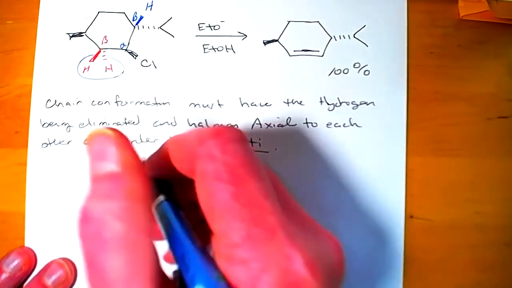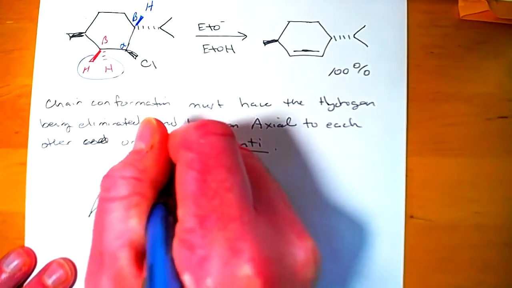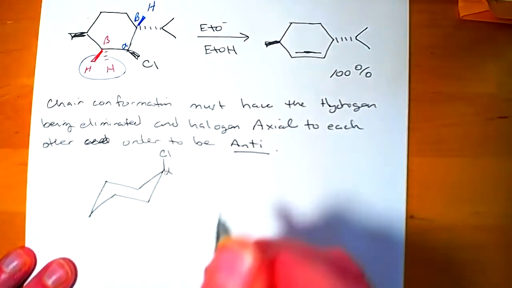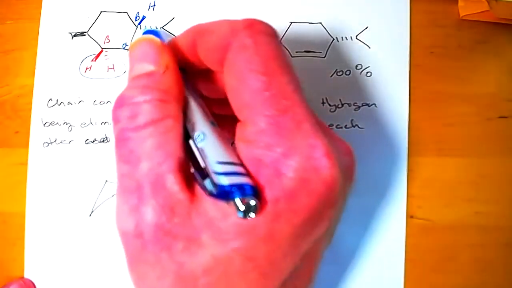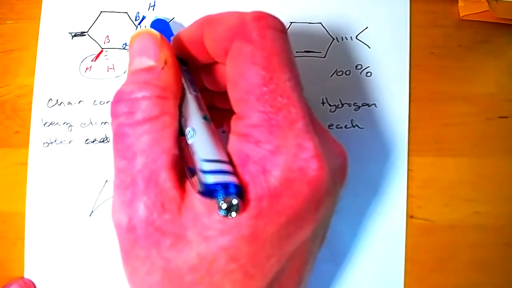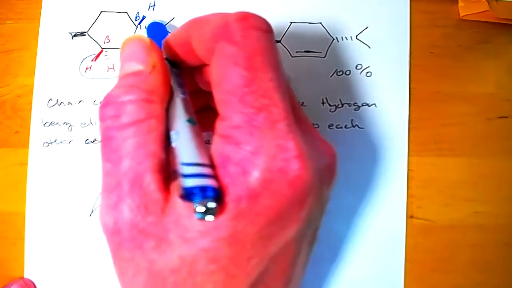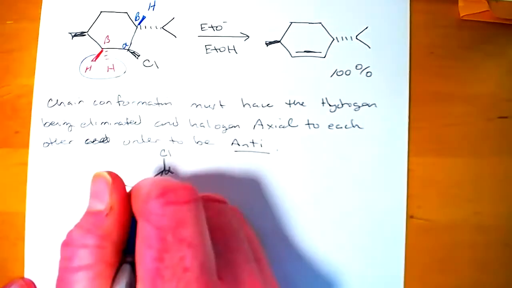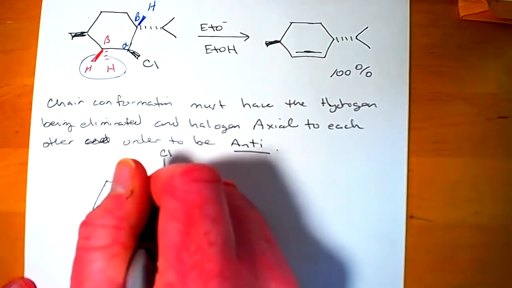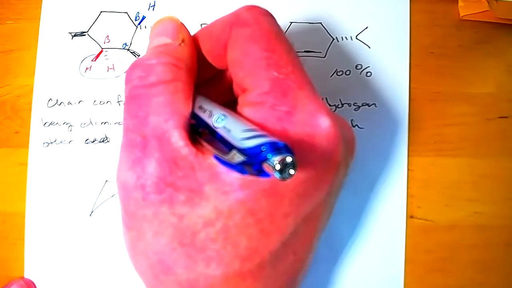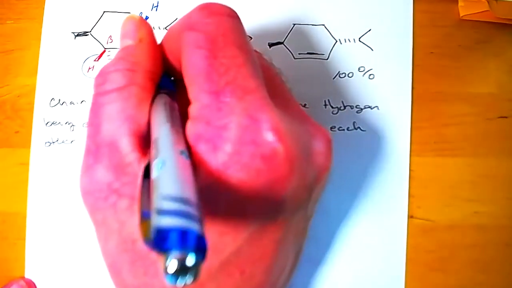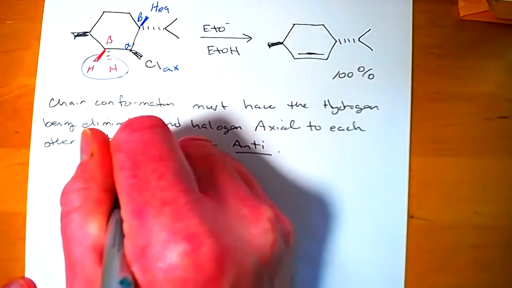Because if you've got that chloride right there, and I'm going to draw it up in axial, so that's our alpha carbon here, and then we have the blue hydrogens right here with this tert-butyl group. Well, I'm going to draw that hydrogen, which is oriented up relative to this one. And if you remember what we did, if we're drawing this axial, then that hydrogen has to be equatorial, like so.